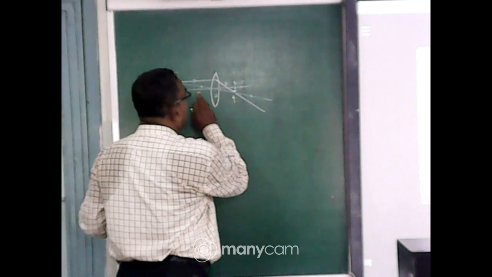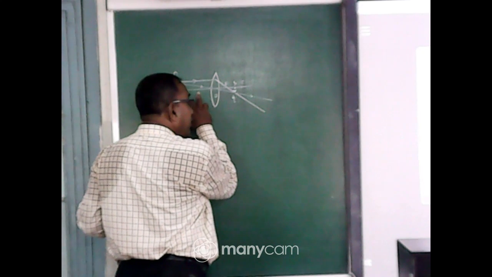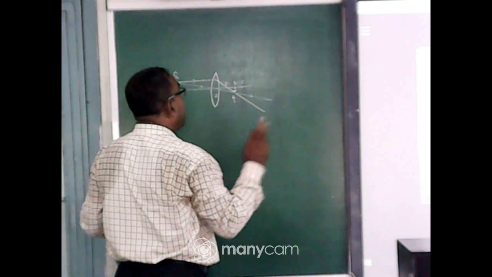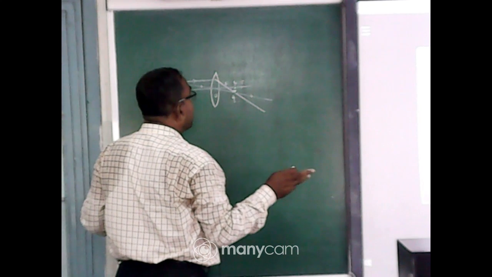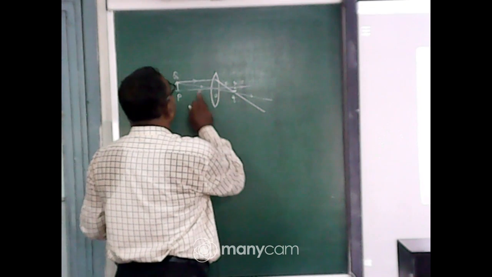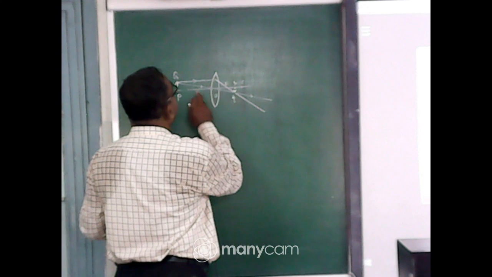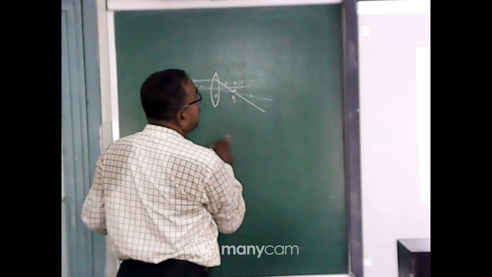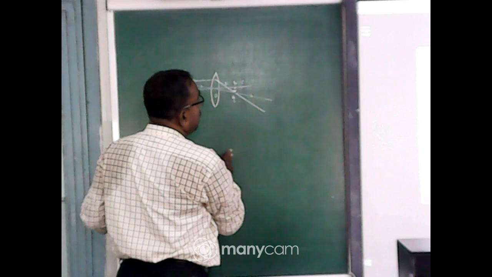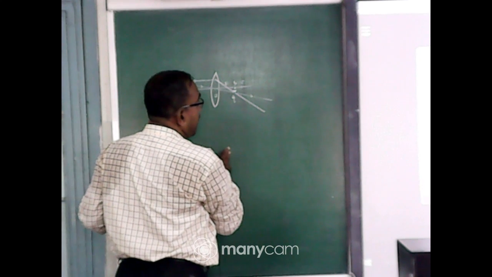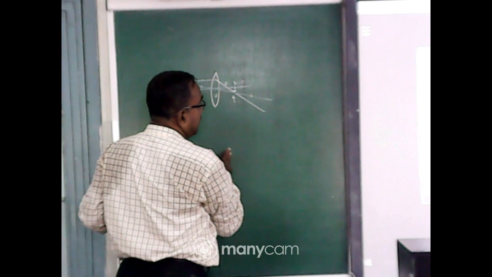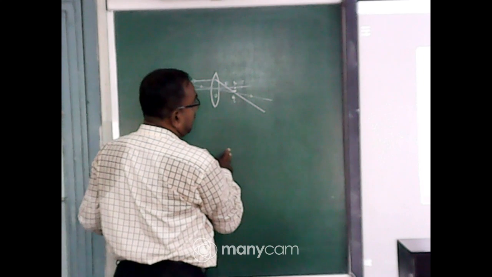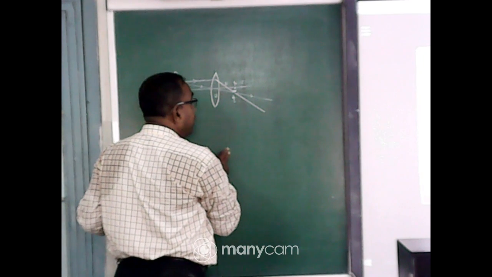If the object is placed on the F, image will form at infinity, larger size and real. If the object is placed in between optical center and the focus, means lens and the focus, that time image will form virtual, larger in size, behind the object. Same side means behind the object.